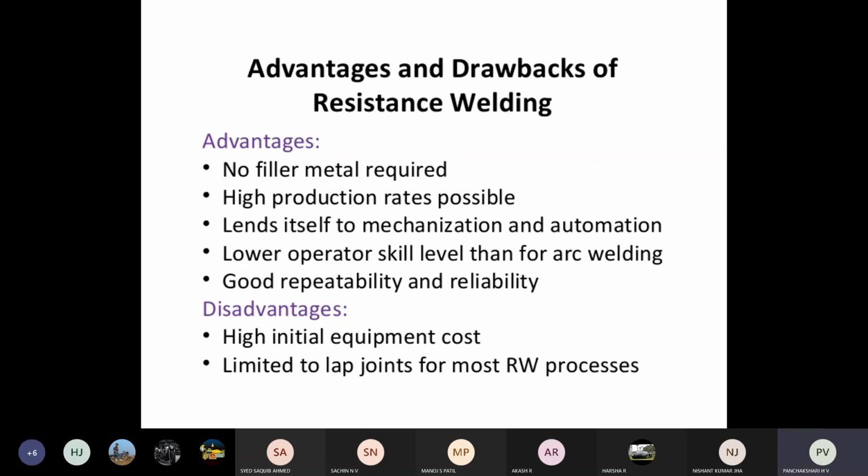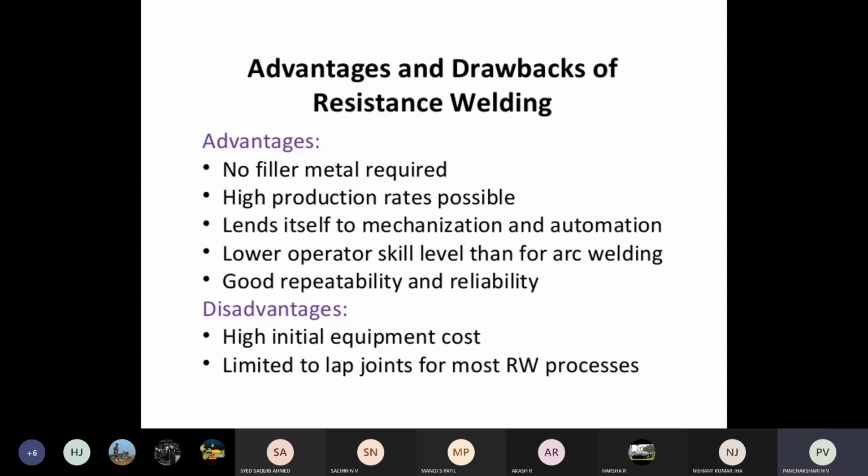Now, what are the advantages and disadvantages, or drawbacks, of resistance welding? Advantages are like this. No filler material is required. In arc welding, we have seen that a separate filler material is required in different cases. In some types of welding, the welding electrode itself is the filler metal. In other methods, additional filler material is required.